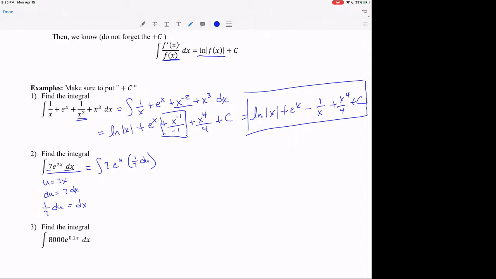Okay. Then the 1/7 and the 7 make 1. So what I'm really integrating is e to the u du. So that's e to the u plus c. So this becomes e to the 7x plus c.